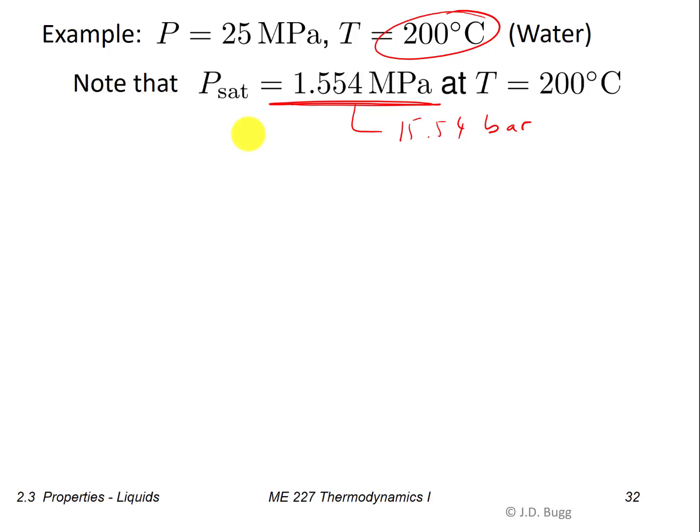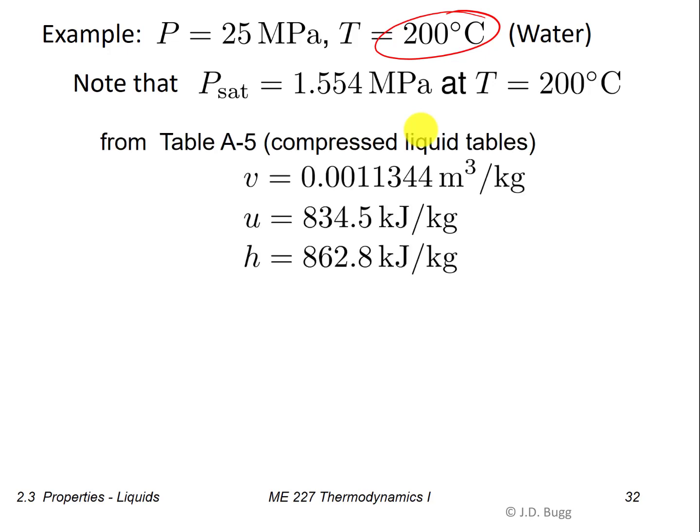So that's all fine. Now, we know it's a compressed liquid, so we want to compare these two options for finding the properties of that compressed liquid. The first option would be to go to table A5, which is a specialized compressed liquid table. If we go to table A5, we can look up properties at 25 megapascals and 200 degrees C, and that's what we would find.